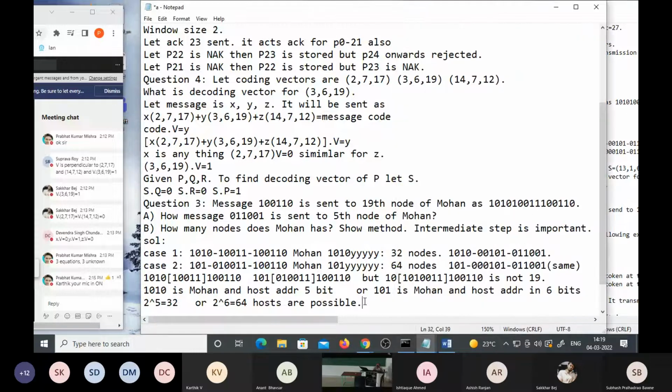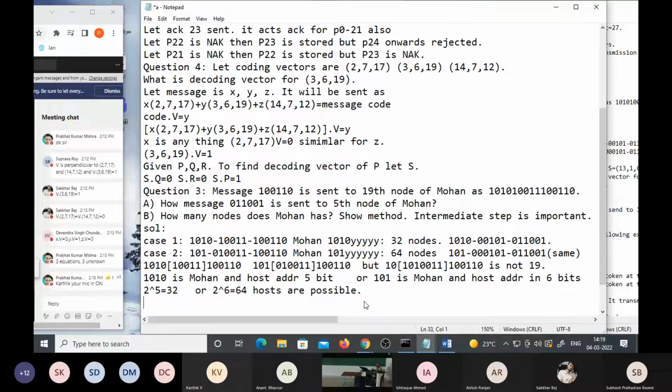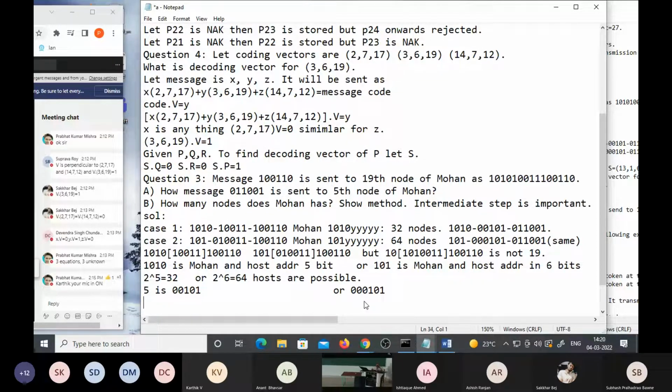Now, let us see this. Now the rest of the thing is easy. What is 5? 5 is 00101, or 000101. There are two possibilities for the 5.